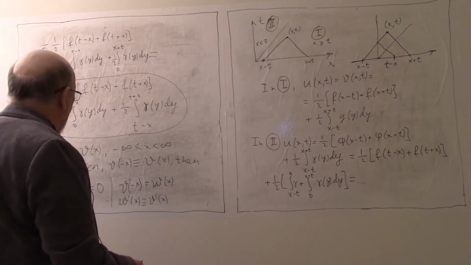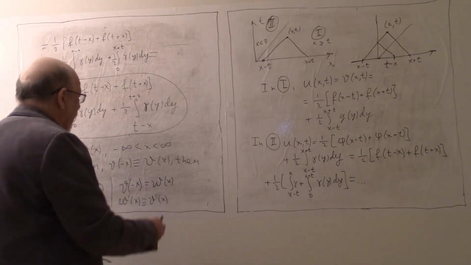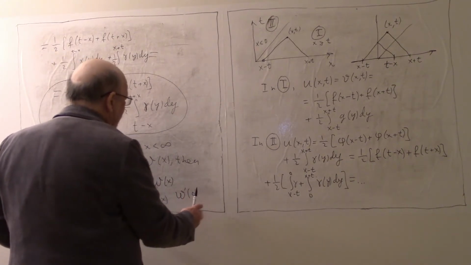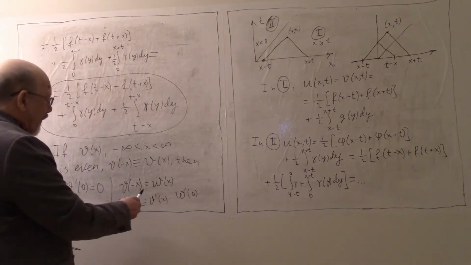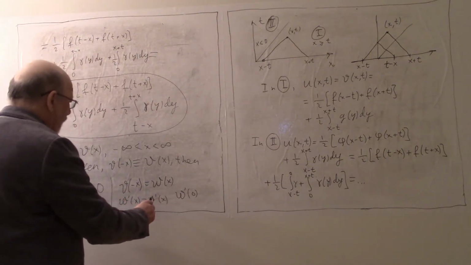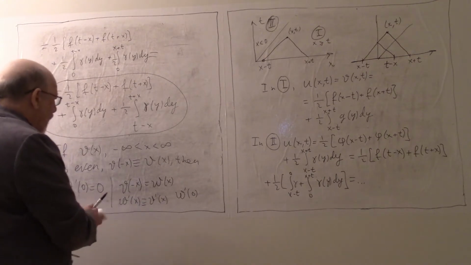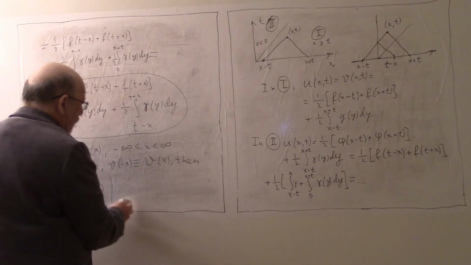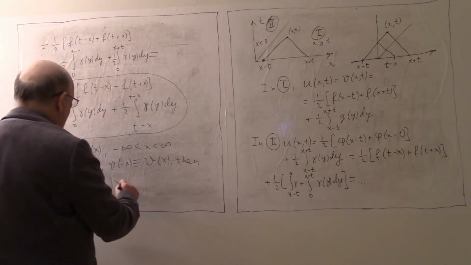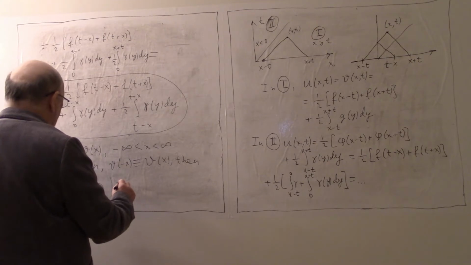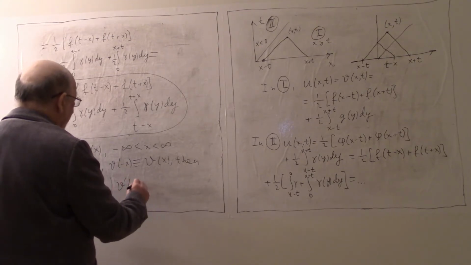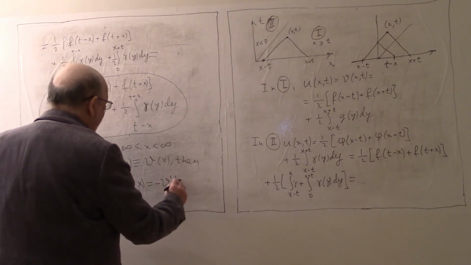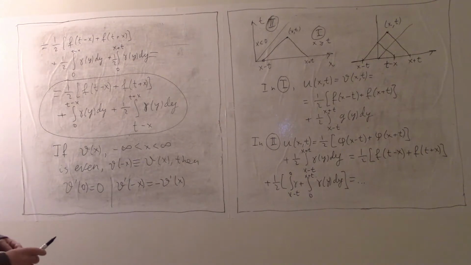On the other hand, v prime of minus x equals minus v prime of x by the rule of differentiation.